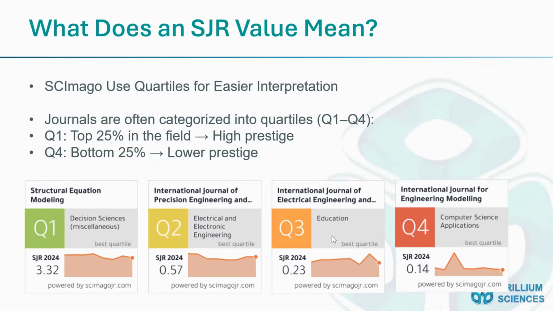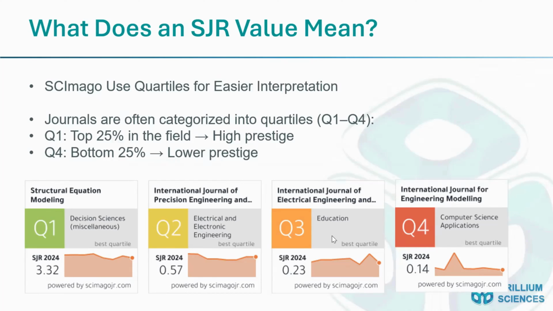So if we give an example, in Q1 we can find a journal with an SJR of 3.3. Q2 has an SJR of 0.57. Q3 has an SJR of 0.23, and Q4 has an SJR of 0.14.